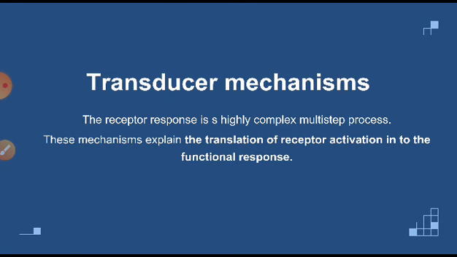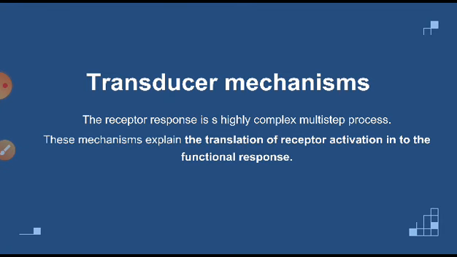The receptor response is a highly complex multi-step process. Whenever we talk about the transducer mechanism or a drug's effect, from the time of binding up to the time of producing the effect, it's a multi-step, complex process. The diagram which I will show you looks simple, but it's not that simple. Nothing is simple there, because it requires a multi-step process.